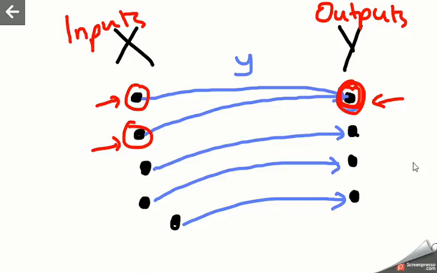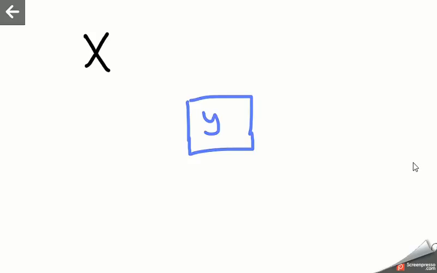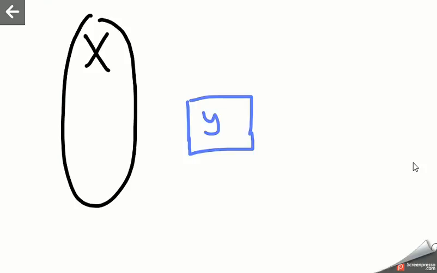Okay, another way to visualize functions, and this is my favorite way, I like to think of the function as some kind of box. So this is our y box, our function box. We've got a set of inputs, x, still. So this is our set of inputs, and let's say that this is one of the inputs.